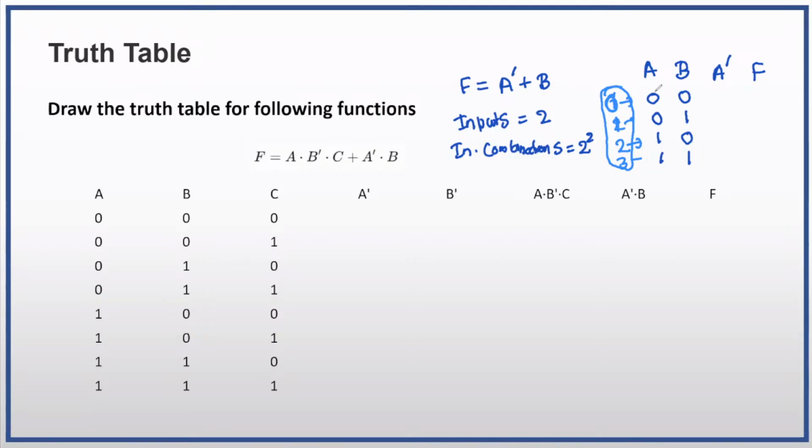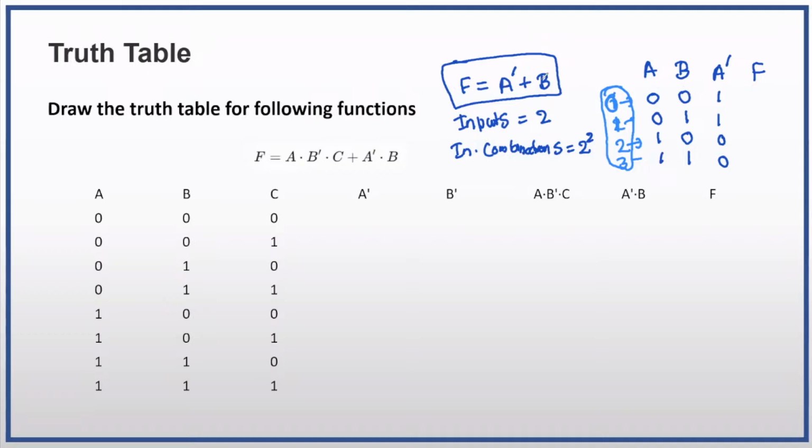Okay. So as these inputs are A and B, now we are going to obtain the truth table for this expression. Here A dash should be 1, 1 and 0, 0. Now you can add these two and get the final output.